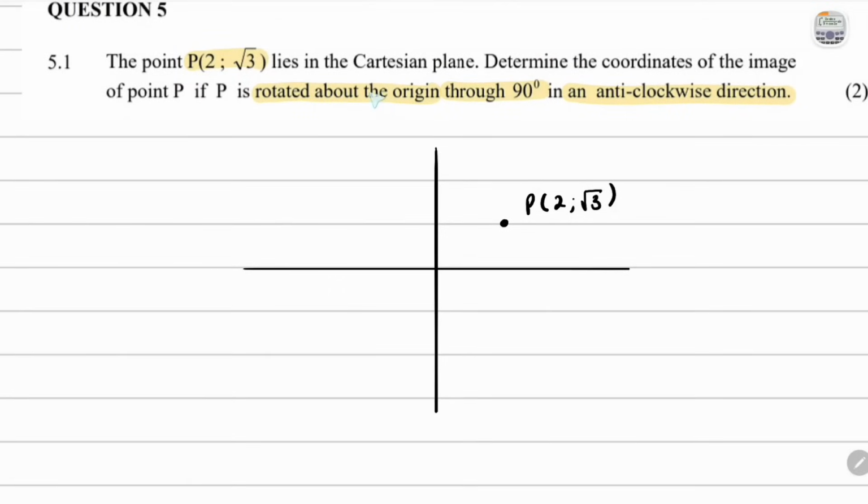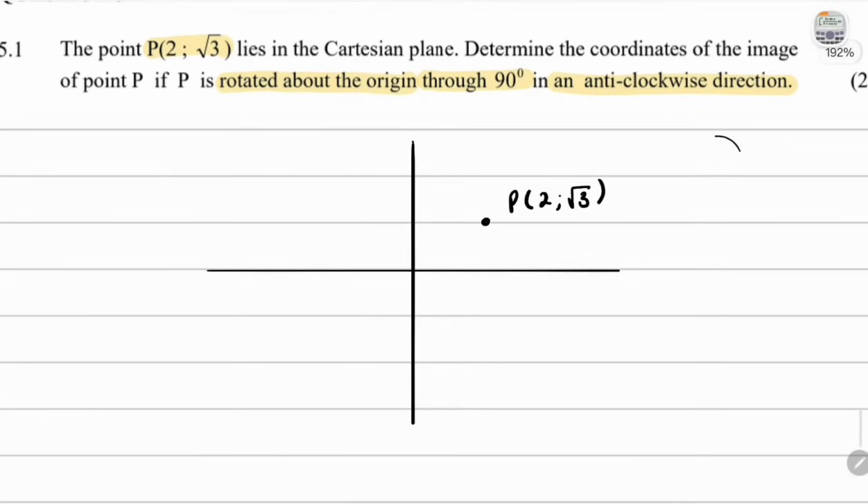And this is going to be rotated about the origin through 90 degrees in an anti-clockwise direction. So clockwise, the hands of a clock move this way. So anti-clockwise is that way. So it's going to move that way 90 degrees about the origin. So here's the origin over here. And we could connect these. They can just be construction lines, dotted lines.